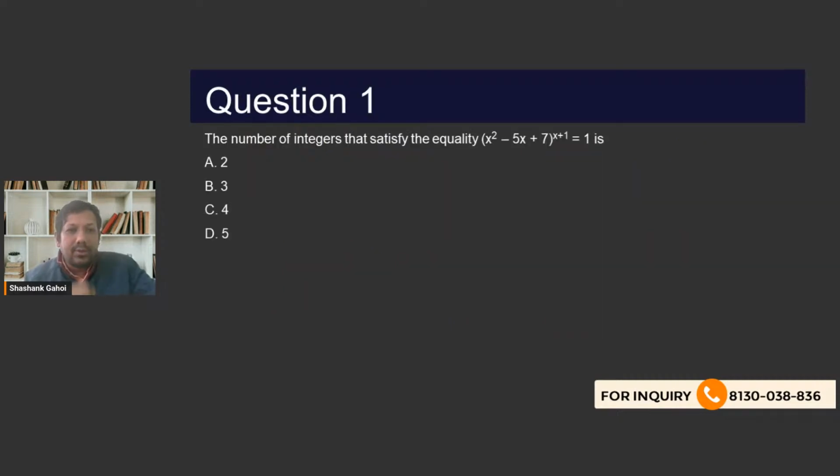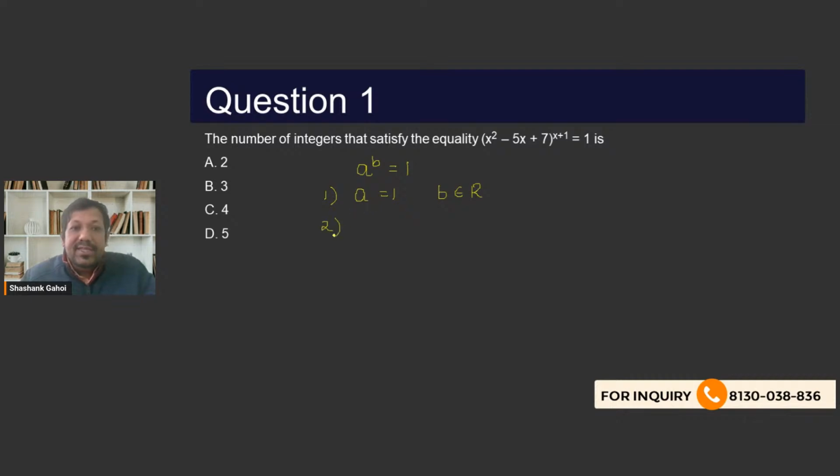Okay, so this question asks for the number of integers that satisfy this equation. We have already solved this kind of question in the previous class. This is a question of the format a power b equal to 1. We got 3 inferences. The first inference is base is equal to 1, that means a equal to 1, then power can be anything.